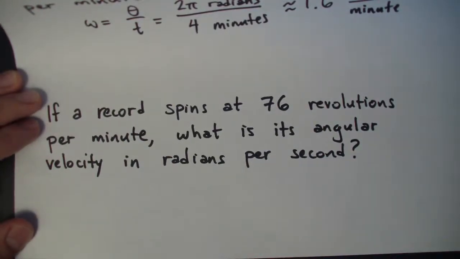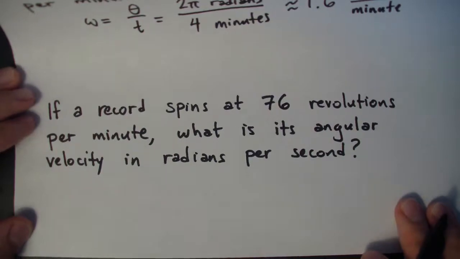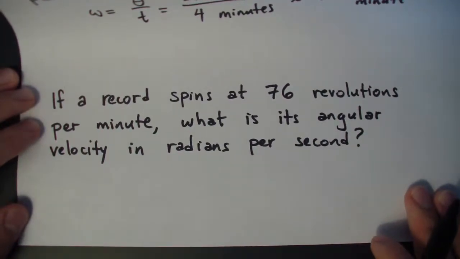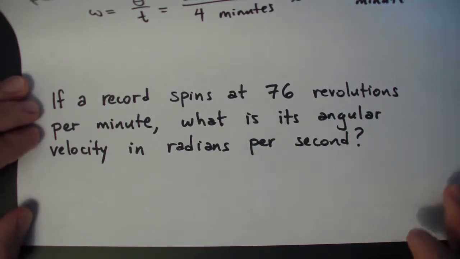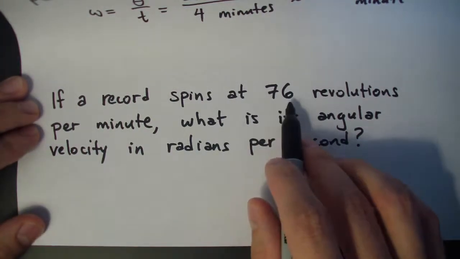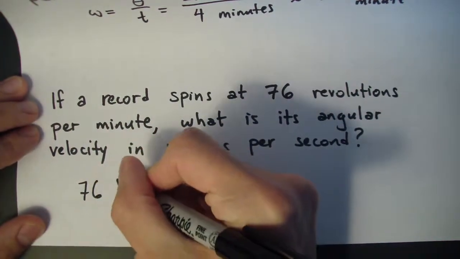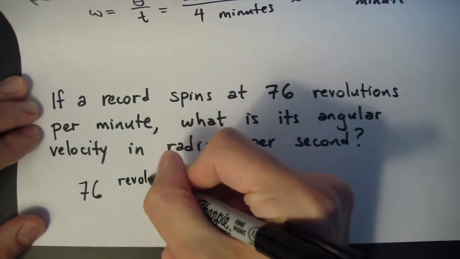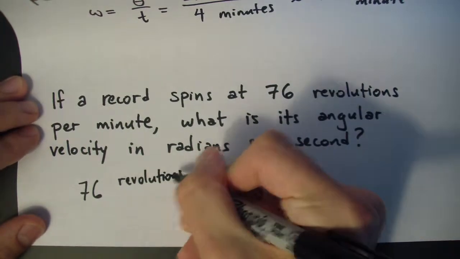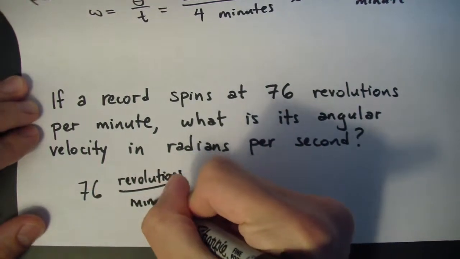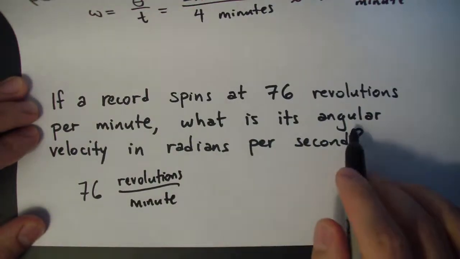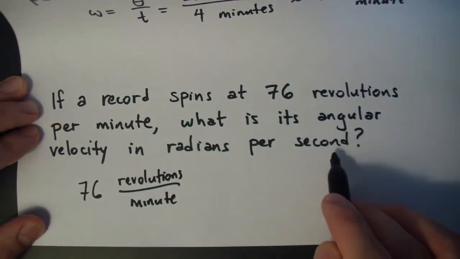If a record spins at 76 revolutions per minute, what is its angular velocity in radians per second? Well, we're told 76 revolutions per minute. Let's just start with that. So 76 revolutions per minute. And we want to know radians per second.